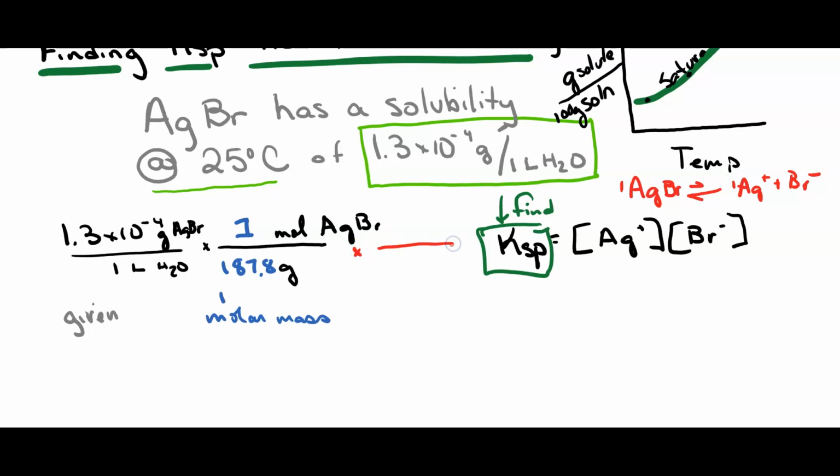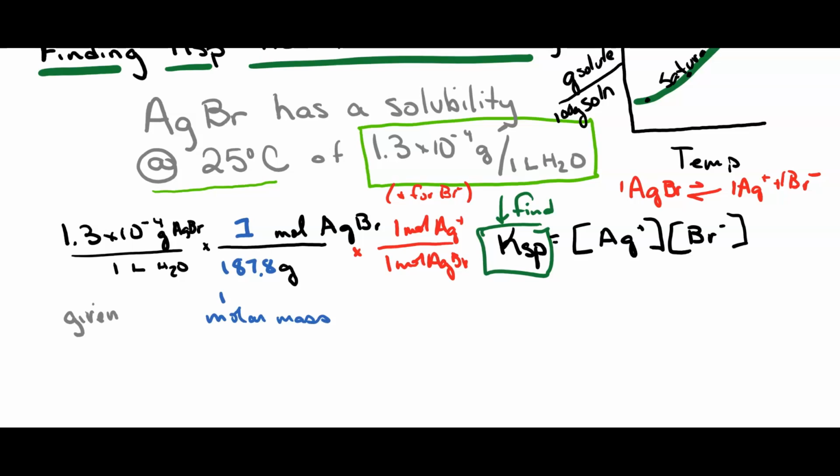So every time we have 1 mole of silver bromide, we're going to get 1 mole of silver ion. And because it's a 1-to-1 ratio between the silver and the bromide ion, whatever our answer is will be our answer for our bromide ion too.